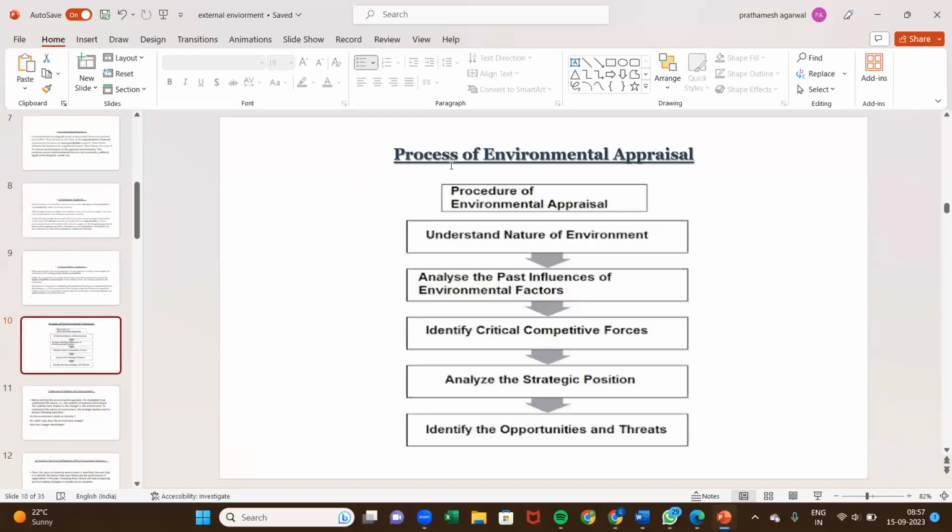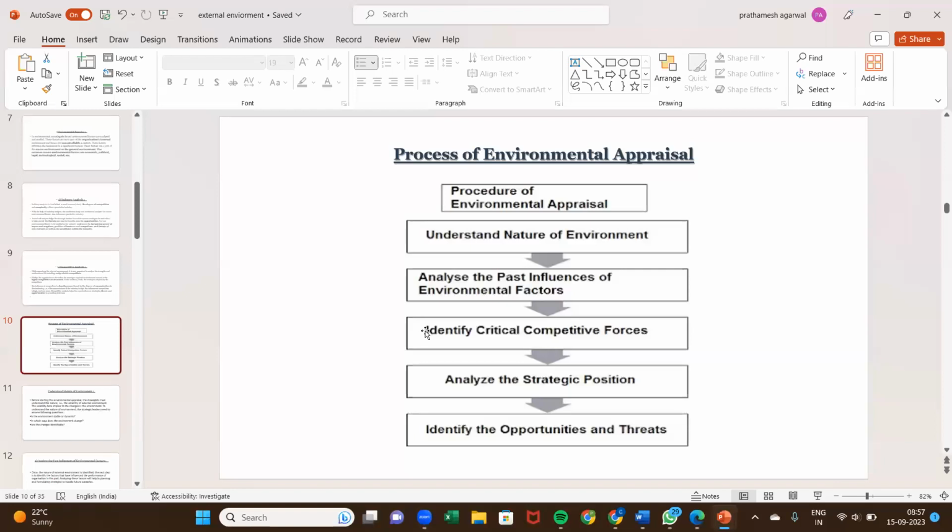All right, now just see, we have a process of environmental appraisal. Procedure of environmental appraisal. First of all, we need to understand the nature of the environment, internal and external. Then we have to analyze the past influences of the environmental factors. What had happened in the past? How did the change in policy affect the business? Then what are the competitive forces?